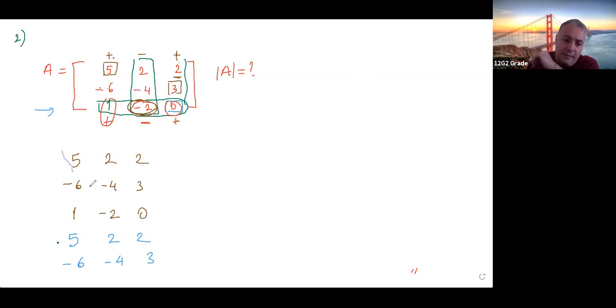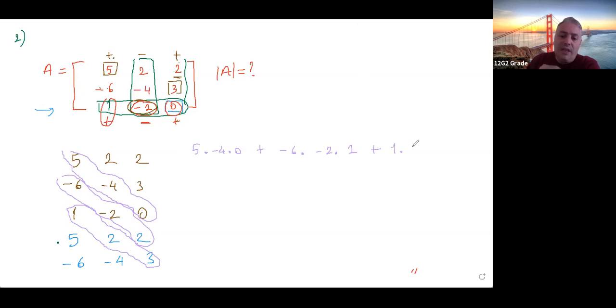So this is this. 5 times negative 4 times 0 plus negative 6 times negative 2 times 2 plus 1 times 2 times 3. So this total minus, be careful now, what am I going to do?